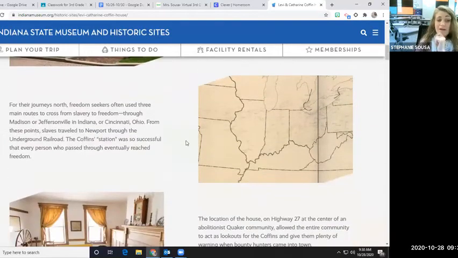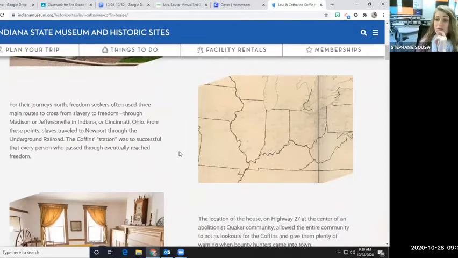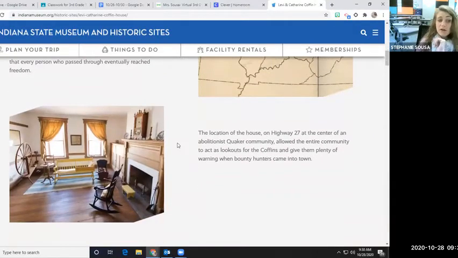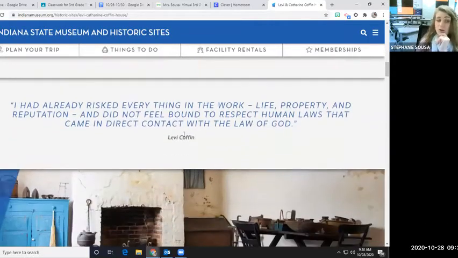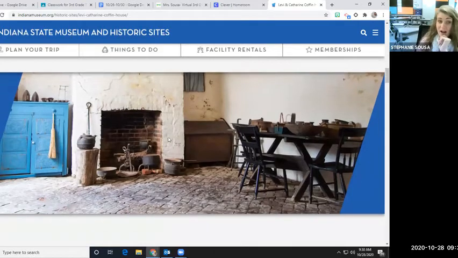Many people have said throughout history that every single person who went through the Levi Coffin House made it safely out of slavery. So this was a very important house because it was used by people to help end slavery and to help people escape to have a better life. And it's right here in Indiana, which is pretty awesome.